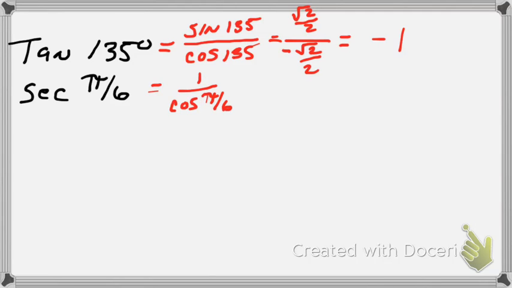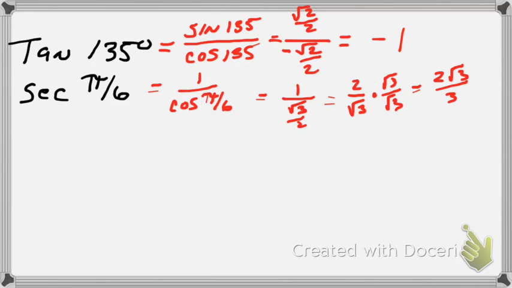The cosine of pi over 6 should be root 3 over 2. Looking at your unit circle, see it? Root 3 over 2. So we flip it and get 2 over root 3. Can't have a root on the bottom. So now we have to multiply the top and bottom by root 3. And we get 2 root 3 over 3. I love this stuff. It is.